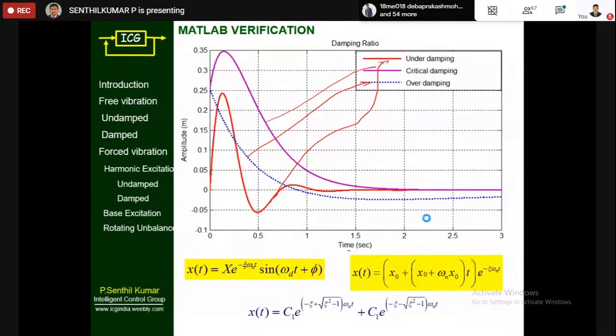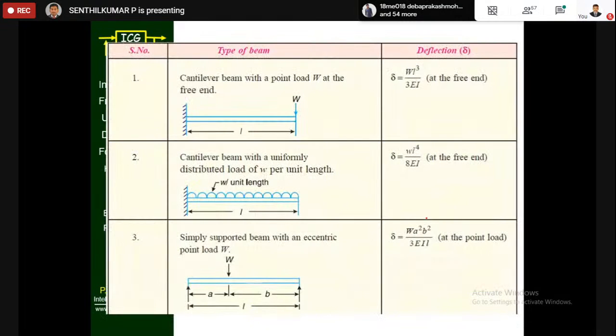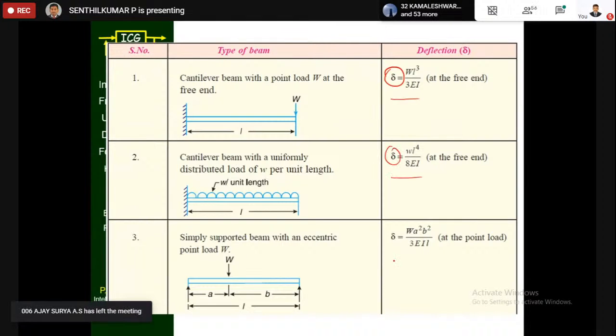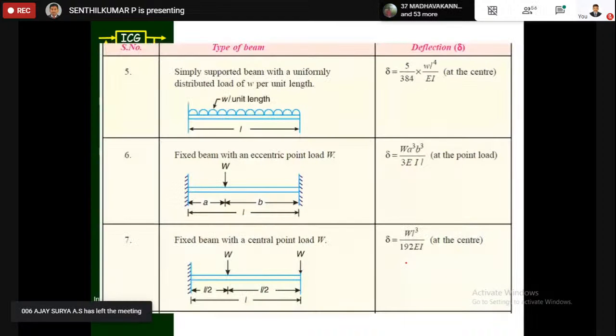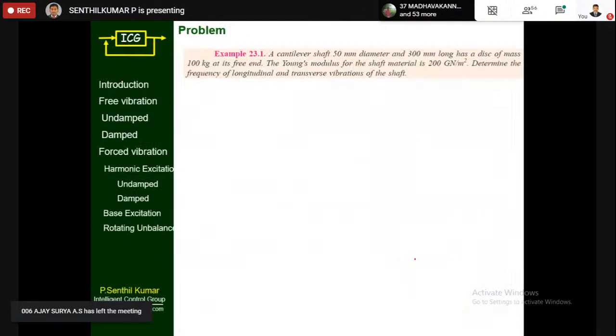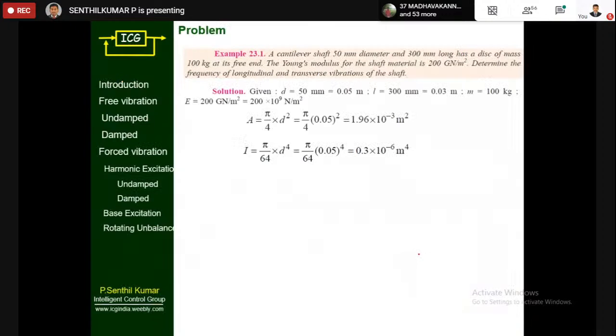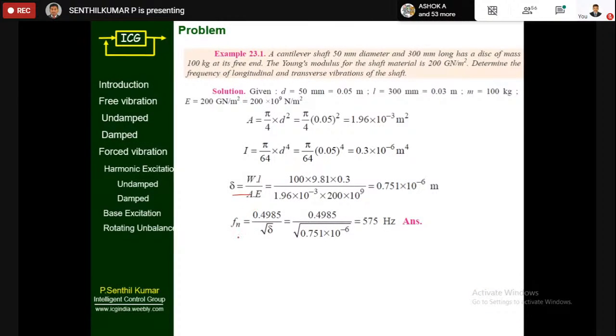So how do you find vibration on beams? There are different types of beams you have studied in strength of materials. All of them come under del. You have to find del. That is a standard formula. I hope your faculty member discussed all those things in the classroom. First you have to find del, then apply the standard formula. What is the formula to find frequency? 0.4985 divided by square root of del.